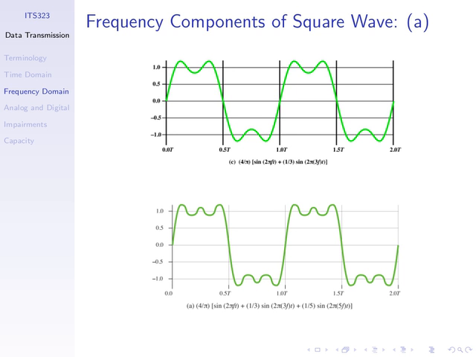Let's try another case. In this example, S1 of t, what I did was I took this general equation and I set f equal to 2 megahertz, which gave us a signal with a fundamental frequency of 2 megahertz.